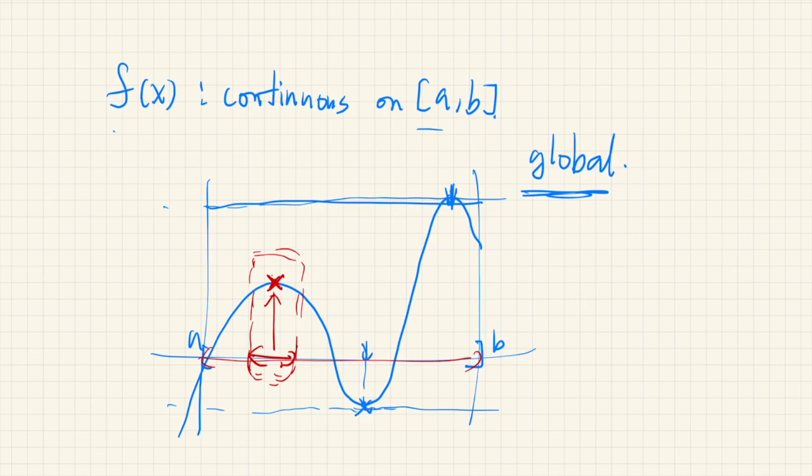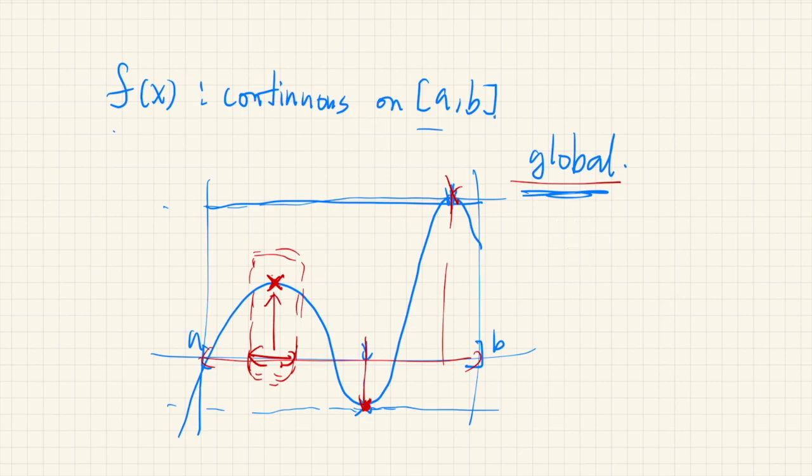And of course, any global maximum value is a local maximum value too. So this point is also a local maximum value. And this point was the global minimum point, but it is also a local minimum point too.